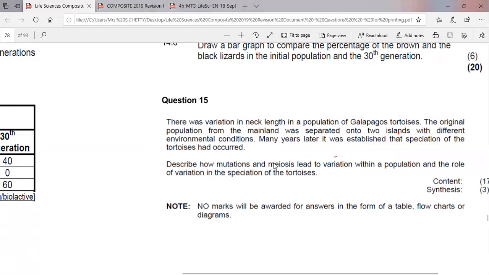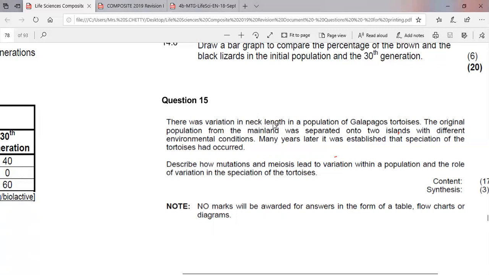Describe how mutations and meiosis lead to variation within a population and the role of variation in the speciation of the tortoises. How's that? The role of variation. So where is the variation? In neck length. So what would neck length have to do with it? Those with longer necks would be able to reach food that was higher up.